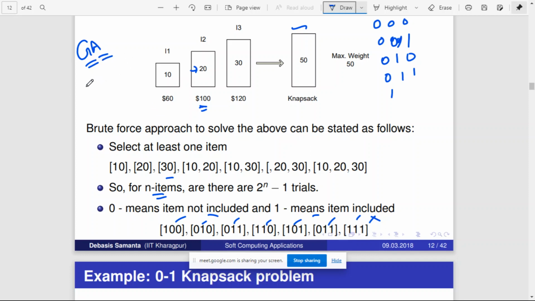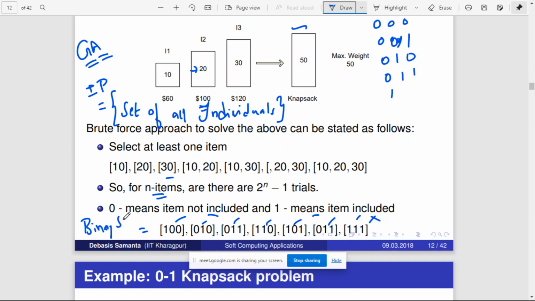What is the initial population? It is the set of all individuals, that is, the set of all solutions. From this only we are going to pick up one solution. So in this case, these are the set of all solutions, and using binary encoding, this is how we represent.